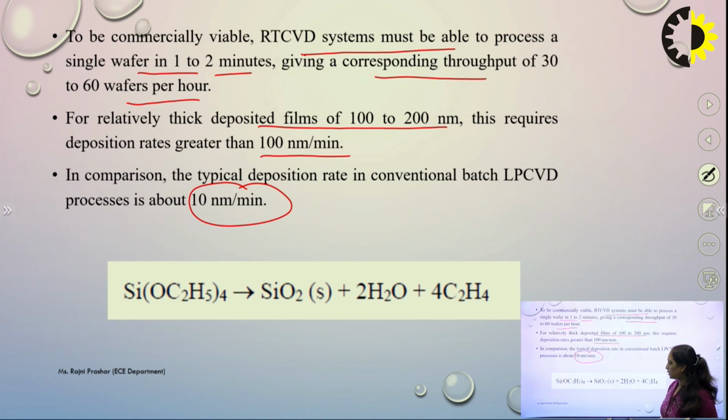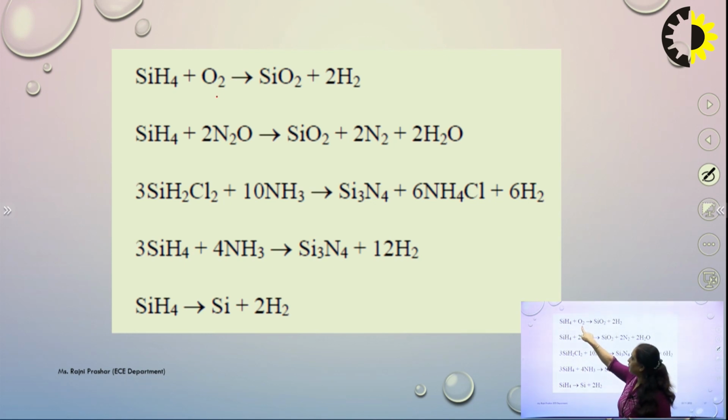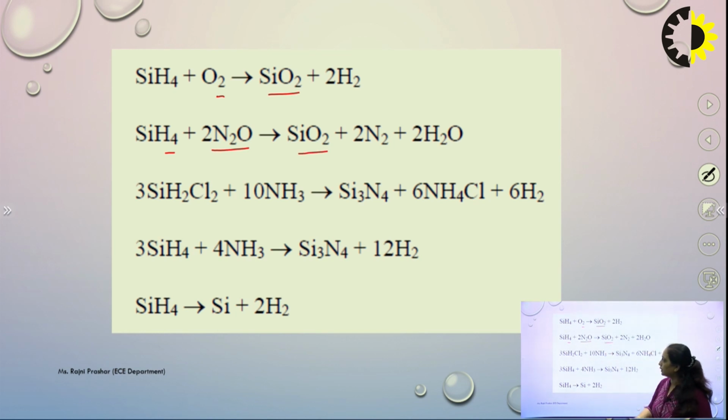This is the reaction which we are going to use in this RT-CVD reactor. When TEOS is reacted, we get silicon dioxide, water molecules and C2H4. These are some other reactions used to deposit silicon dioxide and silicon nitride. Silane, when reacted with oxygen, gives silicon dioxide. Silane, when reacted with nitrous oxide, gives silicon dioxide.